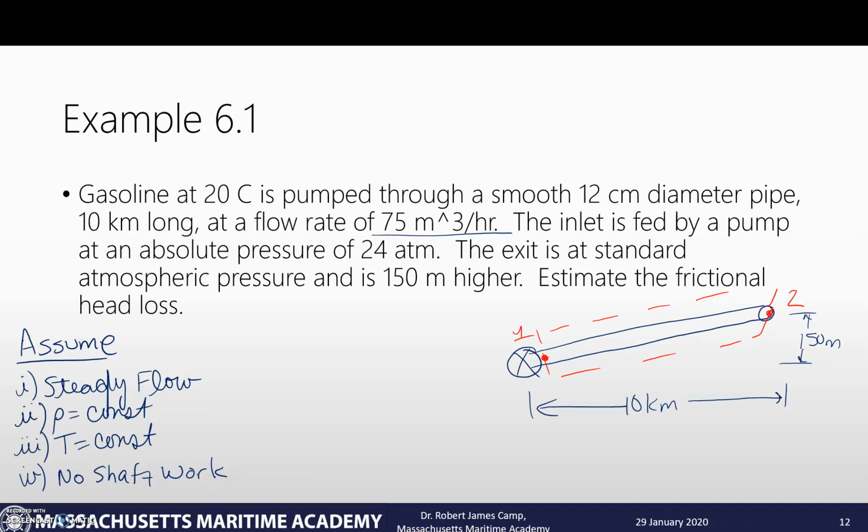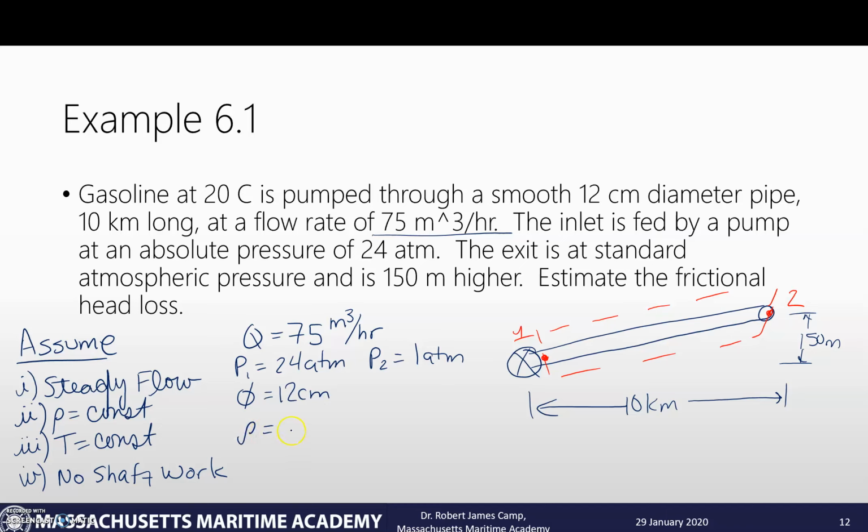Okay, so what does the problem give me? Well, the problem tells me that I've got a flow rate, so I know that's Q, 75 cubic meters per hour. I know that P1 is 24 atmospheres. P2 is 1 atmosphere. I know the diameter of my pipe is 12 centimeters. Now I have gasoline at 20 degrees C, so I can go look that up.